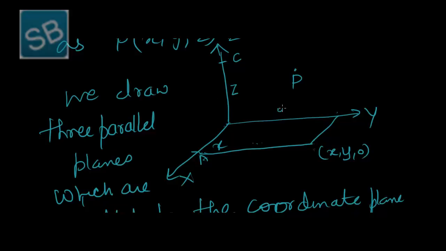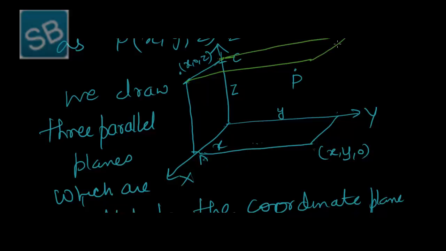Now we draw a plane parallel to, that is let the point C be at a perpendicular distance z, and we draw a plane parallel to x and z. Therefore coordinate of this point will be x, 0, z. Similarly, we draw a plane parallel to the same xy plane.